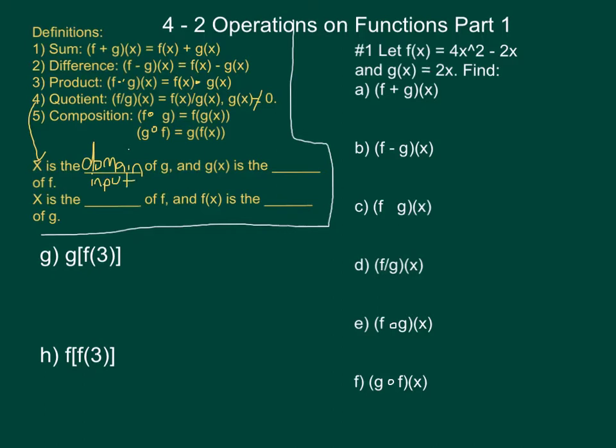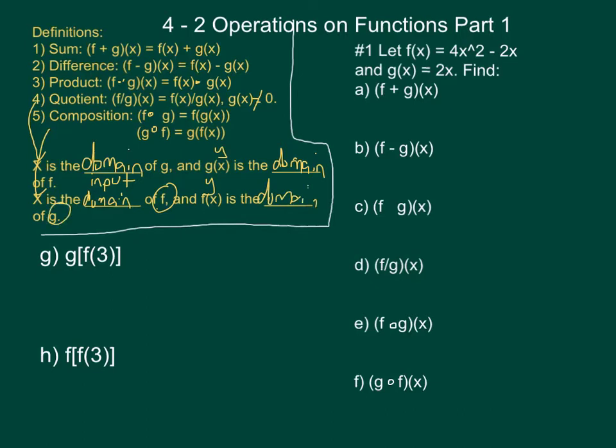And then g of x, or y, is the domain of f. So it's like a two-step problem. You plug in x into g, and then you take that answer and you plug it into f. And then number 5, you just turn it around. X is now the domain, or the input, of f, and then take that y value and plug it in to g.